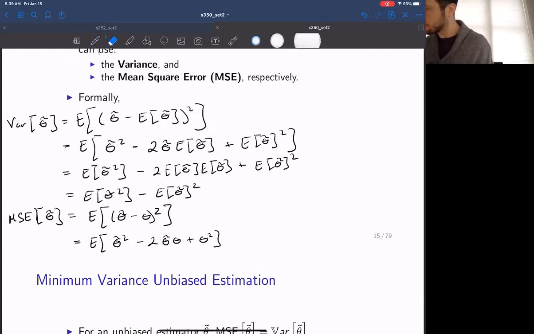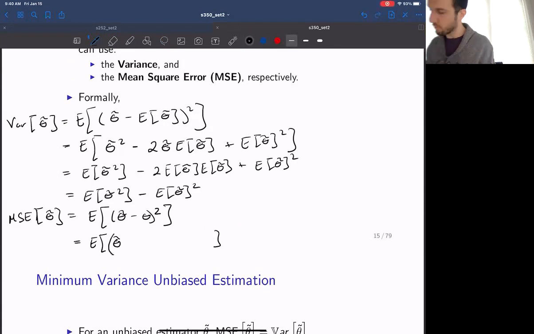Sorry. Okay, so to simplify this expression, we're going to add and subtract 0 in the form of the expected value of theta tilde.